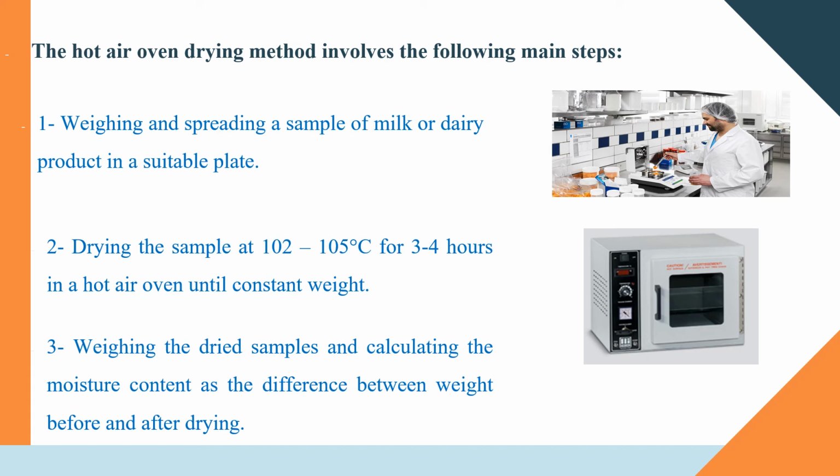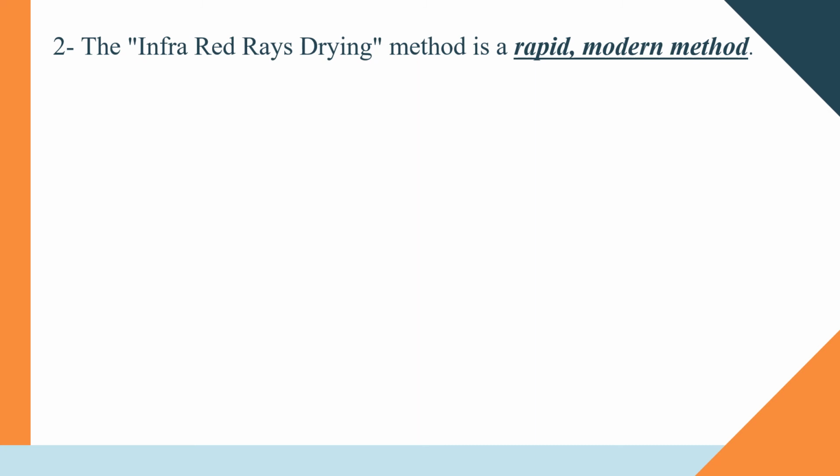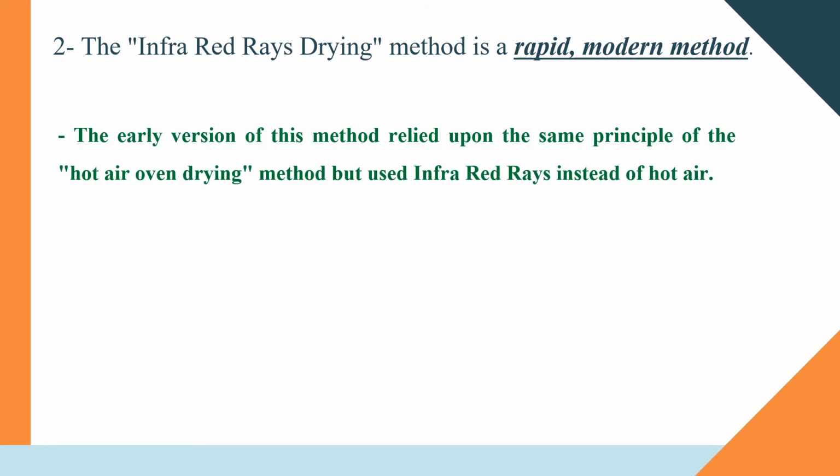So scientists started to think about another method that can be done in a shorter time. And they came up with the so-called infrared rays drying method, which is a rapid and modern method, but it is not the standard method. So this means it is less accurate than the hot air oven drying method. In this method, we use the same principle of evaporating water from the sample and weighing the sample before and after drying.